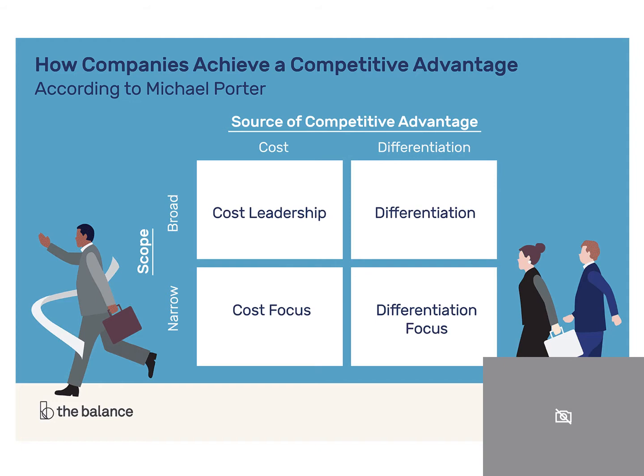And Professor Porter said that this is a source of achieving competitive advantage. So if you look at cost leadership, it means that you try to make a better cost with a broad market. Okay, so it provides you a basic foundation on how companies can achieve their success. So think about your business that you are interested in and which strategy or which source of competitive advantage they use.